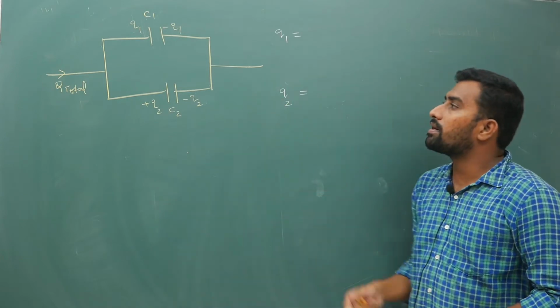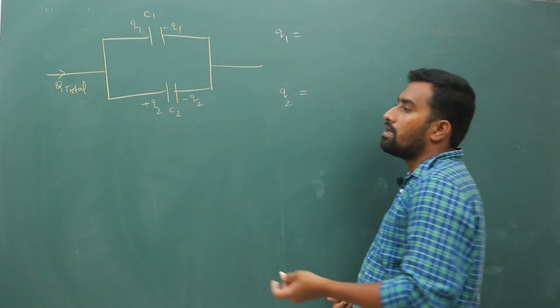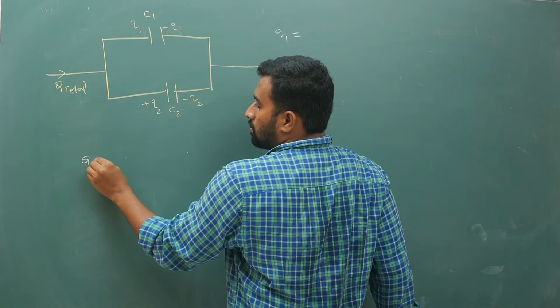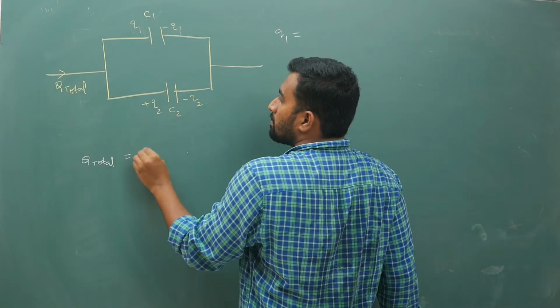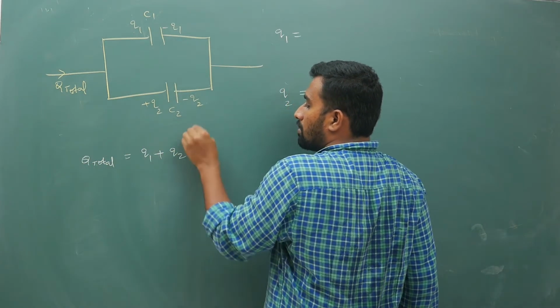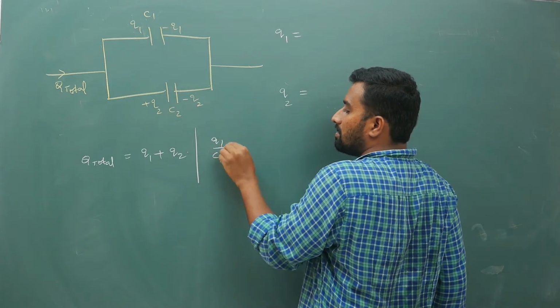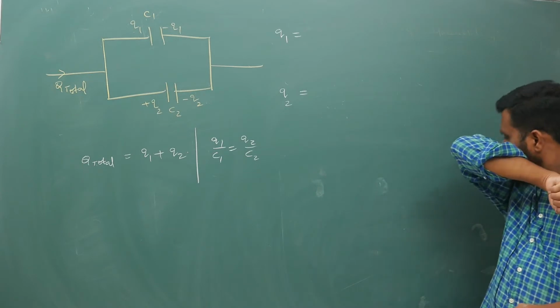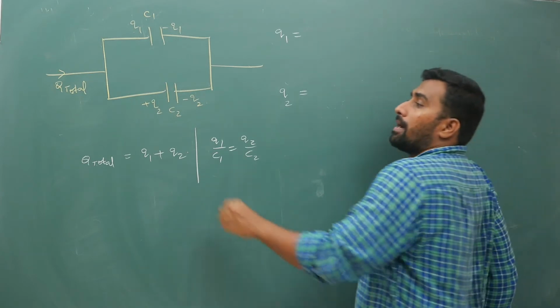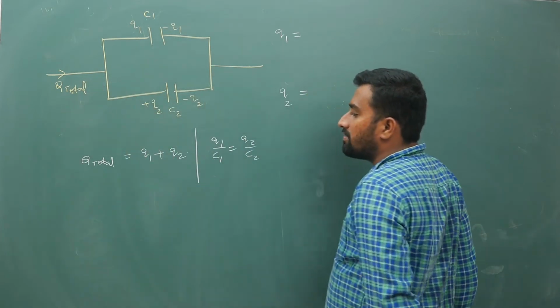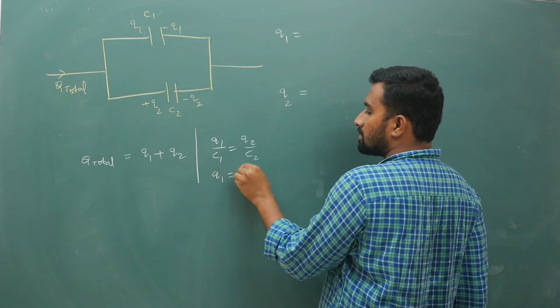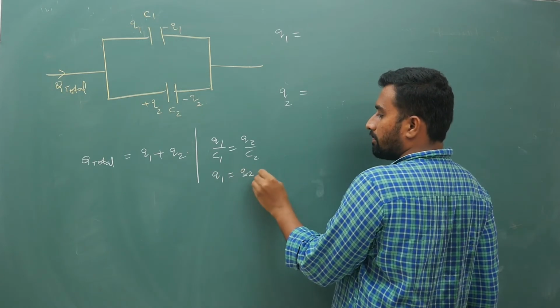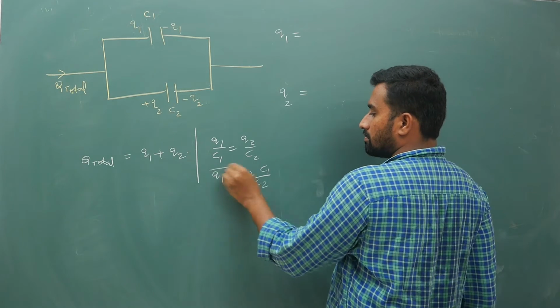So if you are trying to do this result, in this case your Q total is Q1 plus Q2 and your Q1 by C1 is equal to Q2 by C2, because both these capacitors are in parallel. So if total charge is dividing like this, your Q1 is Q2 times C1 by C2.